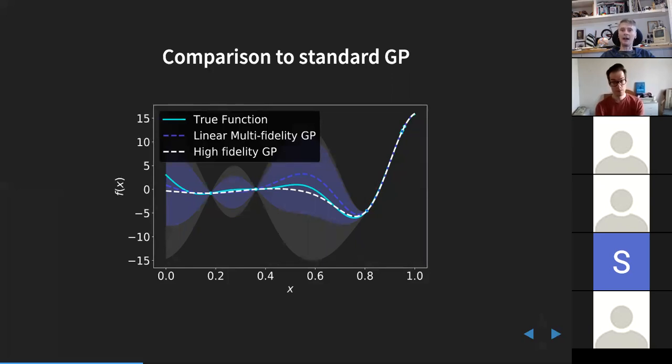And actually the fact that there is some information and it's pulled itself up is indicative that the rho is probably slightly wrong, right? It's overly trusting the low fidelity model. One could try and deal with that with some uncertainty.